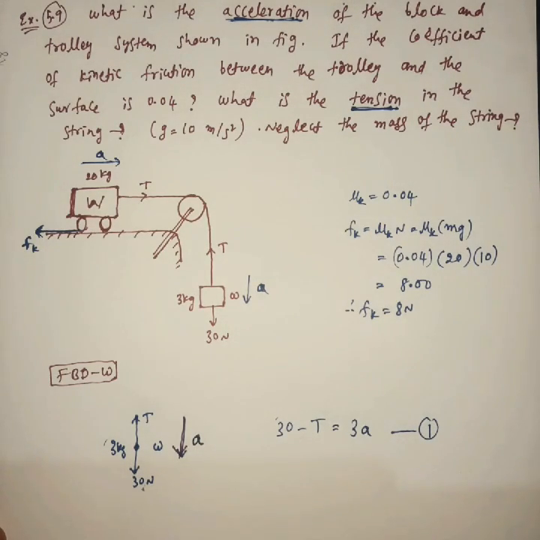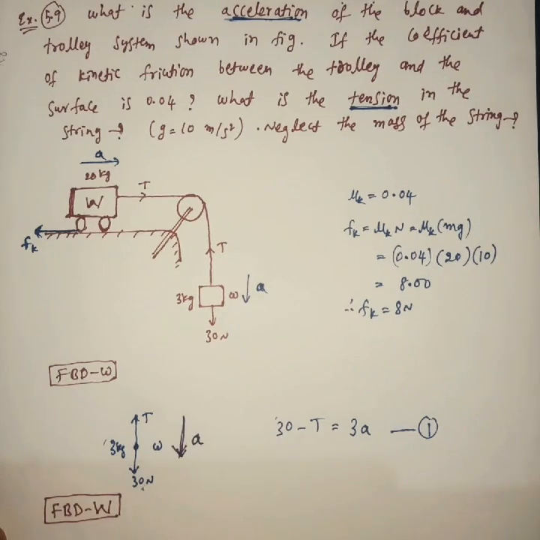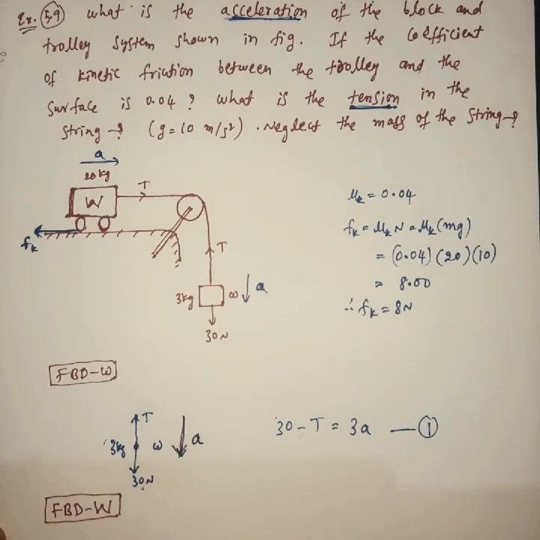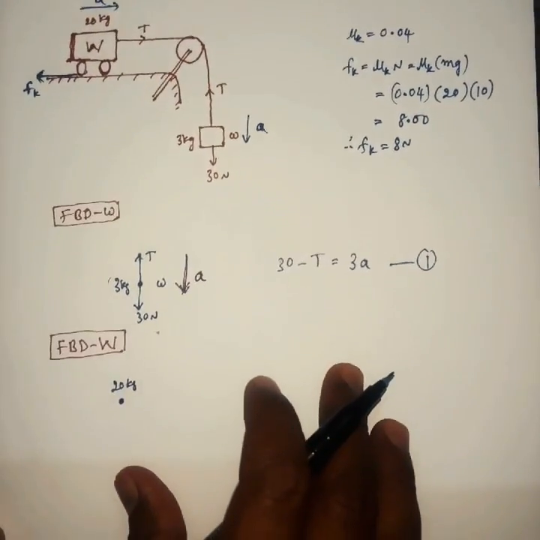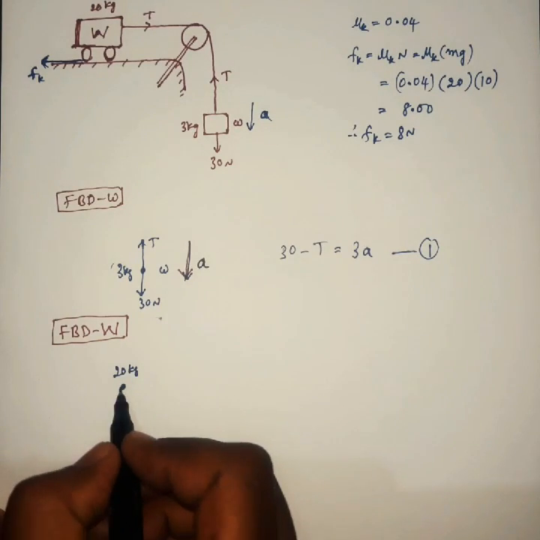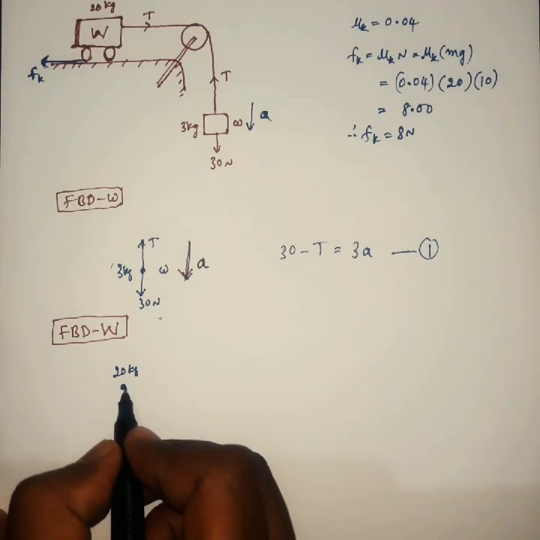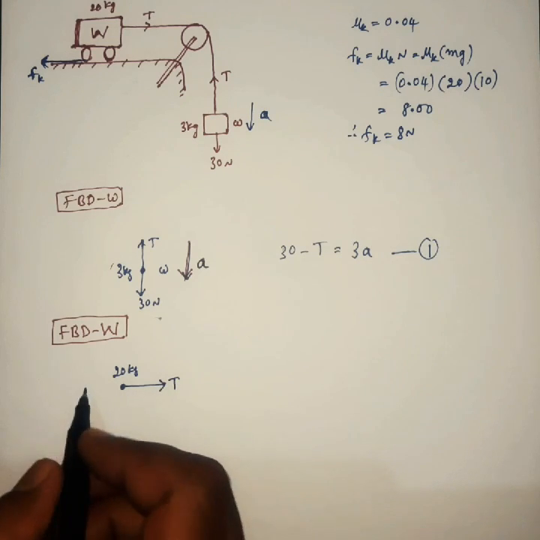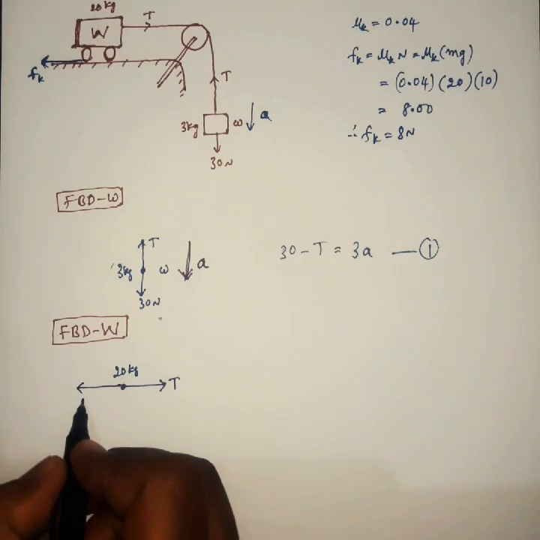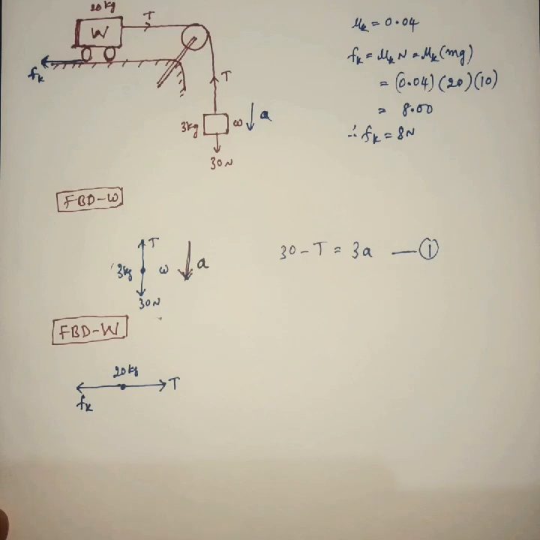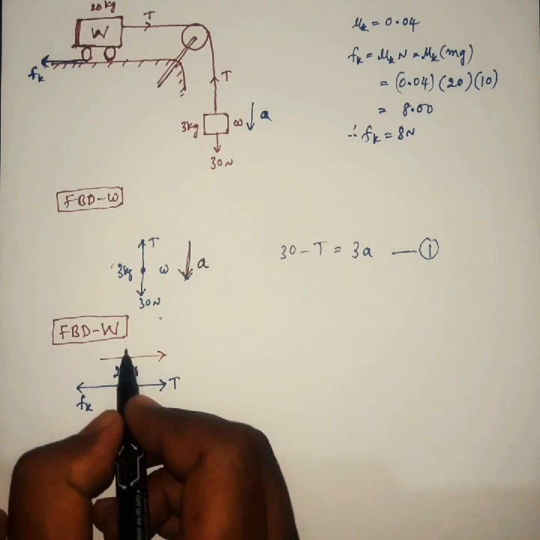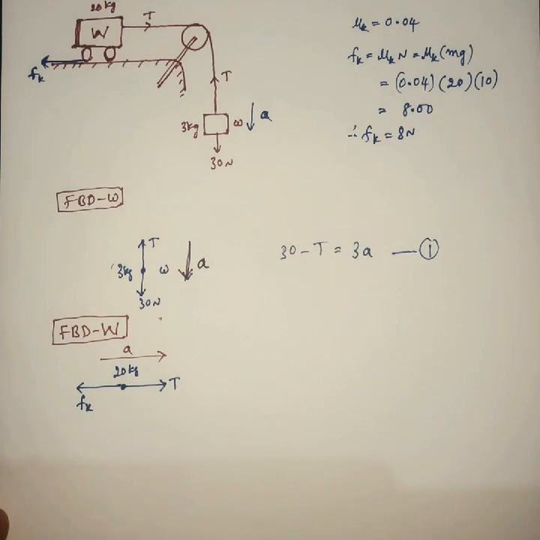So now I am writing the free body diagram for capital W. Here the object is 20 kg. Towards the right side the force is the tension force. Towards the left side the force is the kinetic frictional force. So the object is accelerated towards the right side.